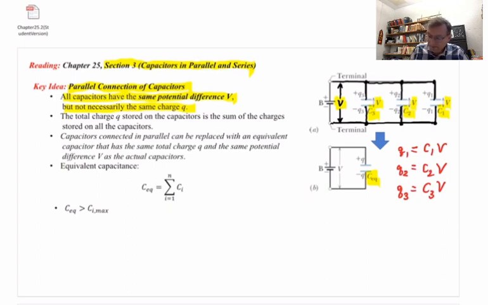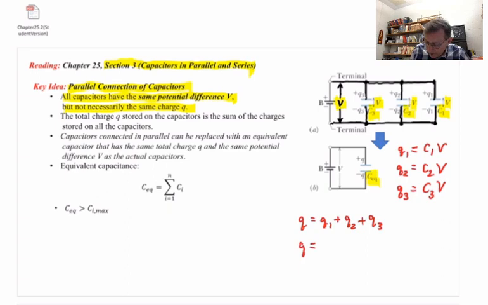And the trick is to say that the total charge stored on all three capacitors must be the charge on this equivalent one. And the charge on the equivalent one, then, Q, is the sum of the charges stored on the original three, Q1 plus Q2 plus Q3.